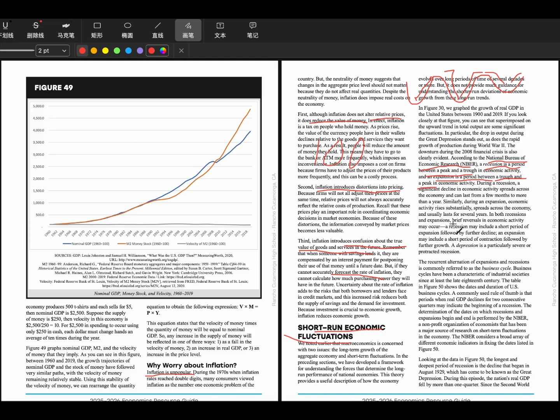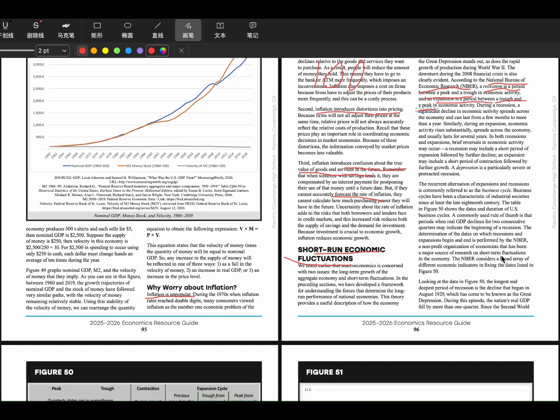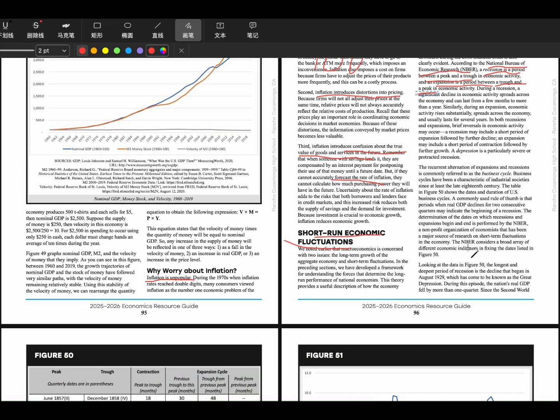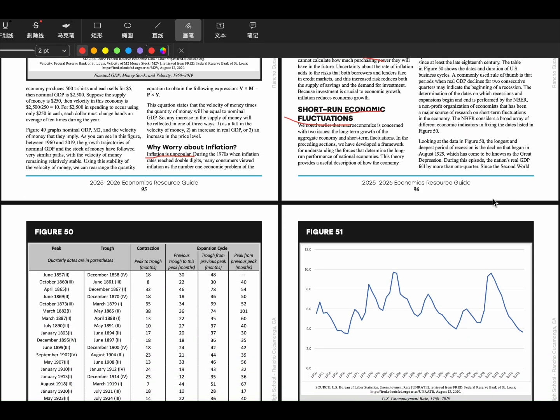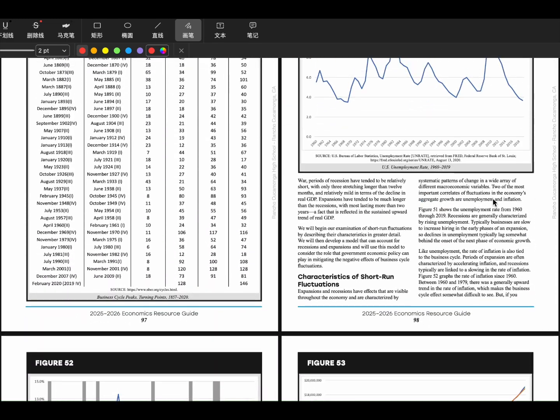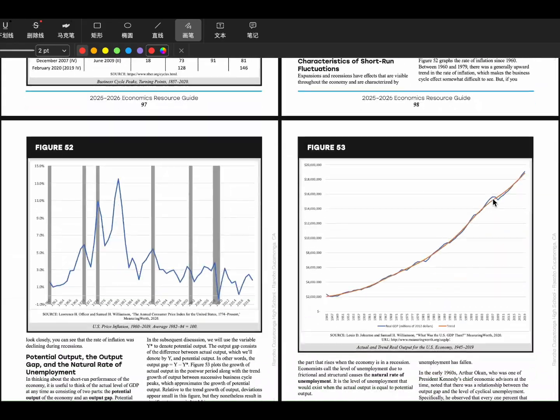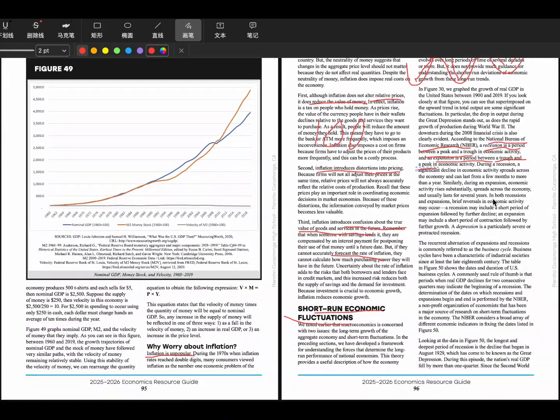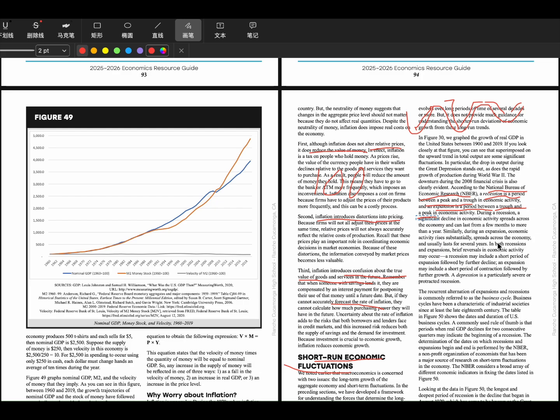That's pretty much all you need to know for this portion. After this, you need to know the characteristics of those peaks and troughs.